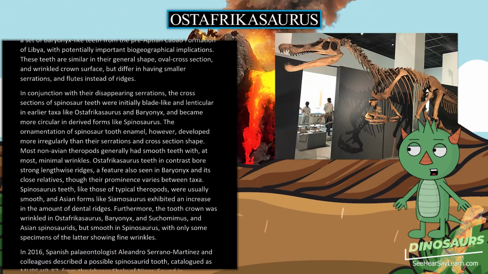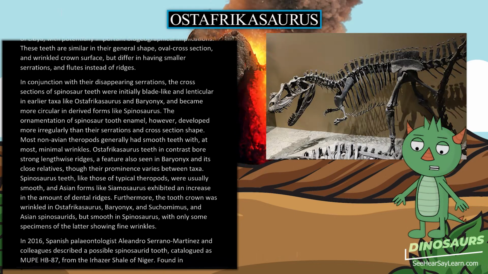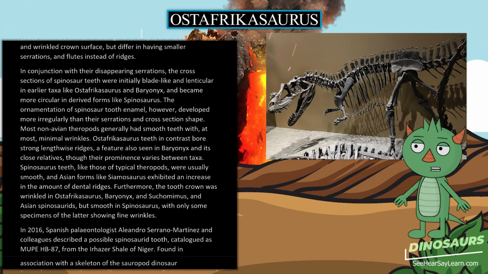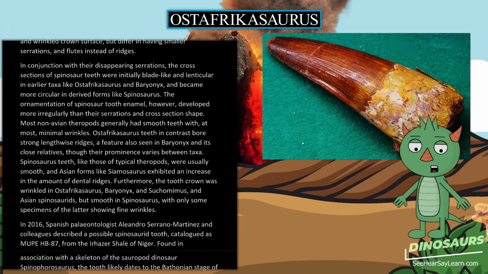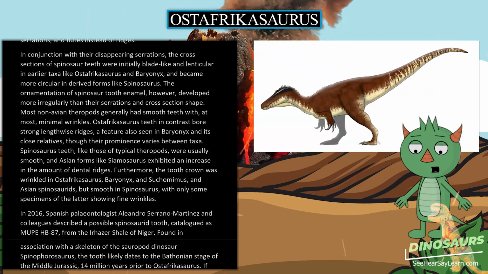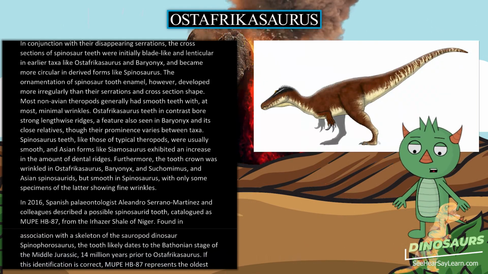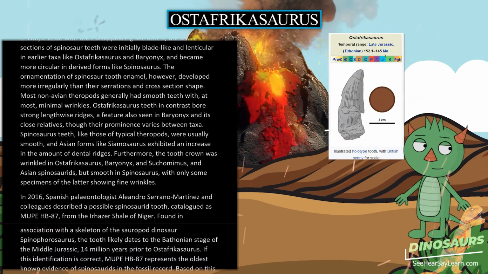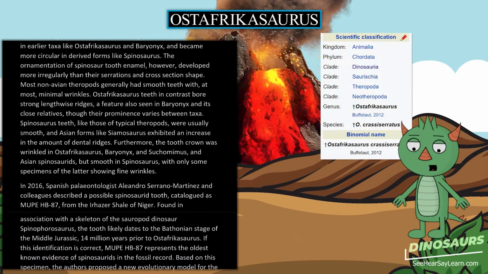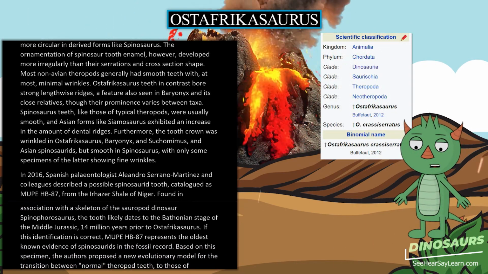Ostafrikasaurus teeth in contrast bore strong lengthwise ridges, a feature also seen in Baryonyx and its close relatives, though their prominence varies between taxa. Spinosaurus teeth, like those of typical theropods, were usually smooth, and Asian forms like Siamosaurus exhibited an increase in the amount of dental ridges. Furthermore, the tooth crown was wrinkled in Ostafrikasaurus, Baryonyx, Suchomimus, and Asian spinosaurids, but smooth in Spinosaurus, with only some specimens of the latter showing fine wrinkles.